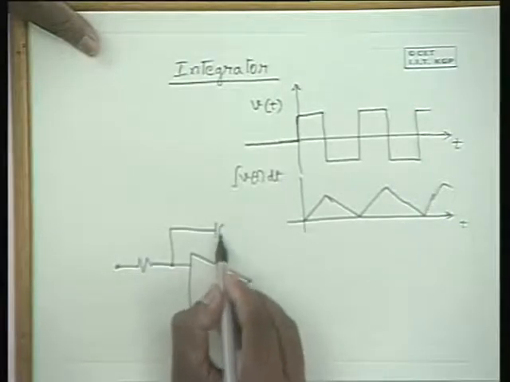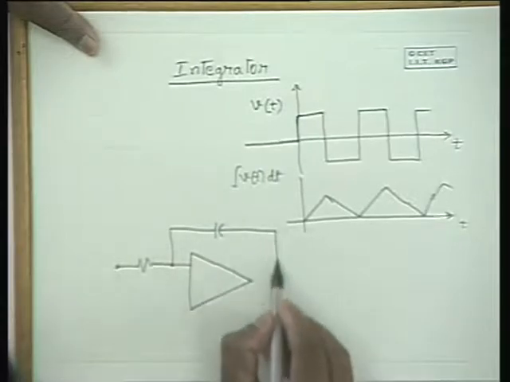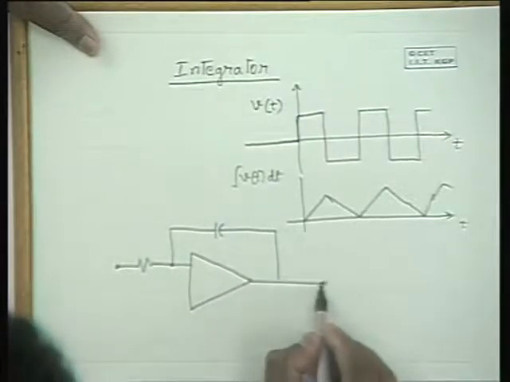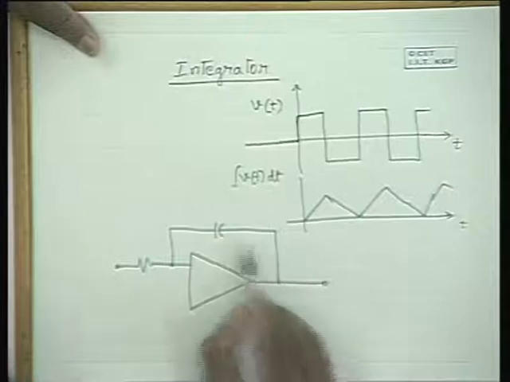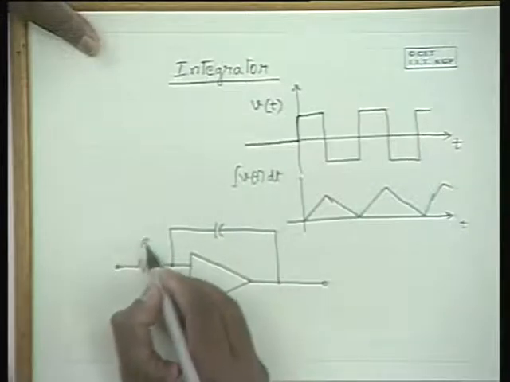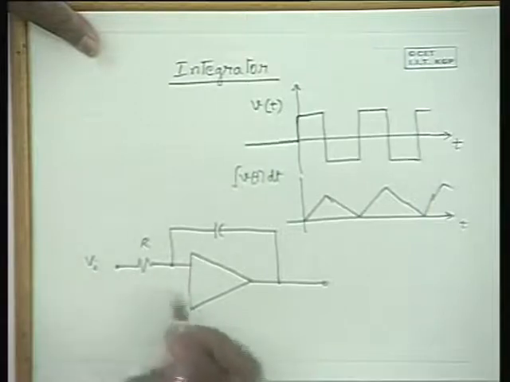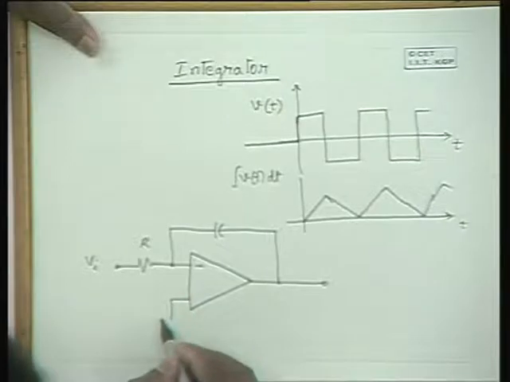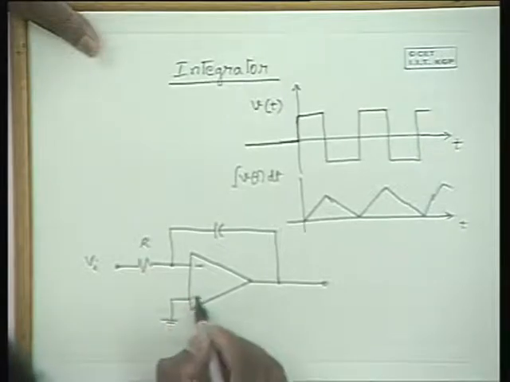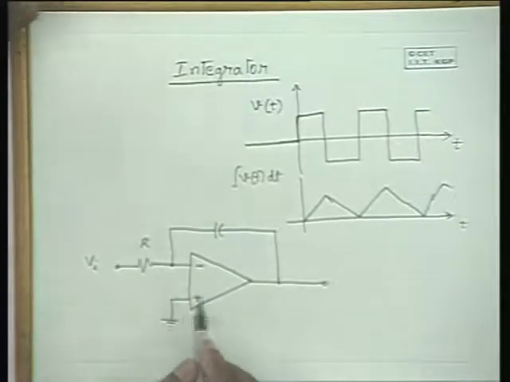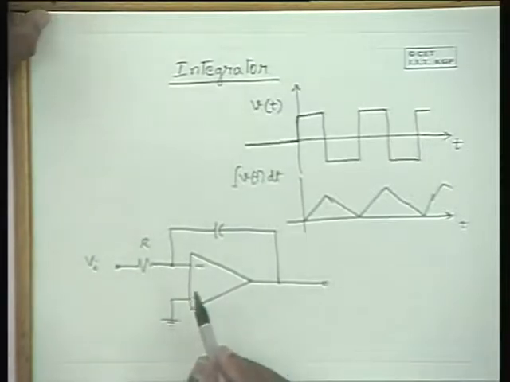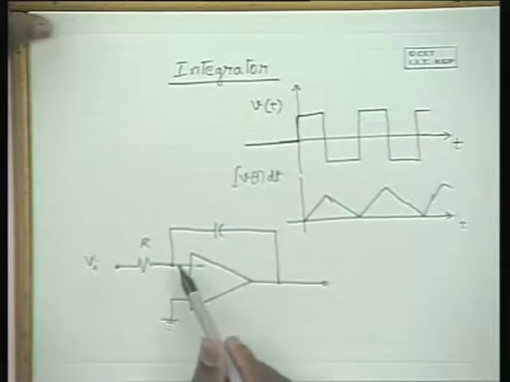Use a feedback capacitor to provide feedback from the output to the input terminal, have a resistance at the input terminal, apply it to the inverting terminal, and ground the non-inverting terminal. It means we operate the op amp in a single-ended mode, and naturally the feedback has to be negative.